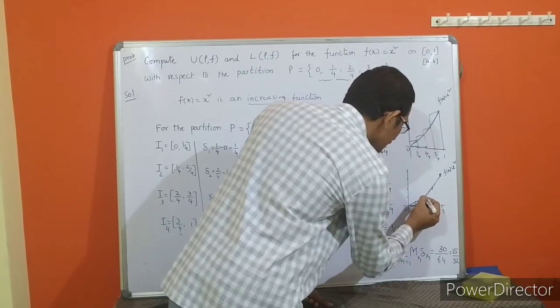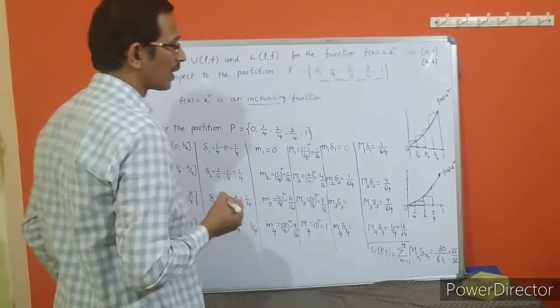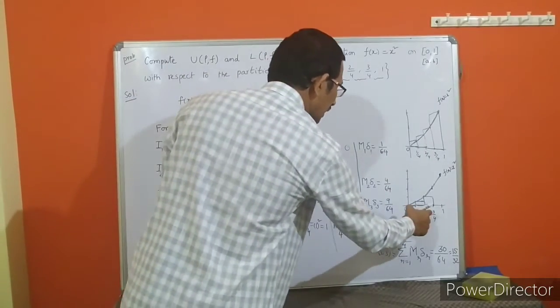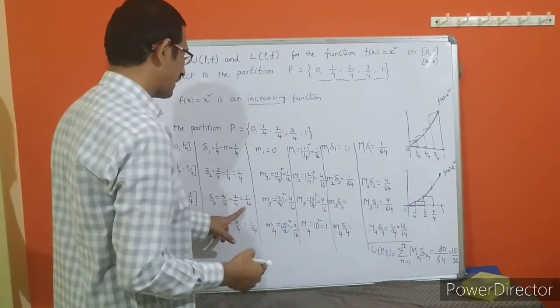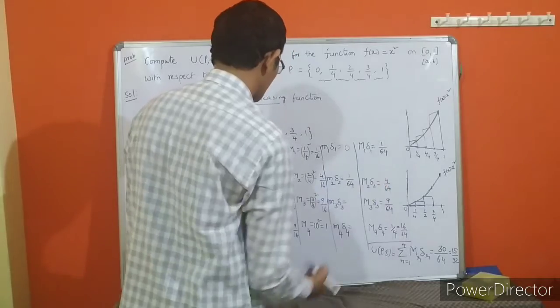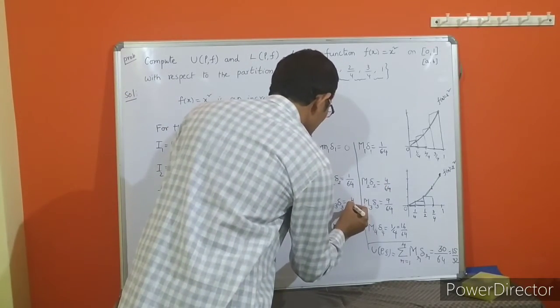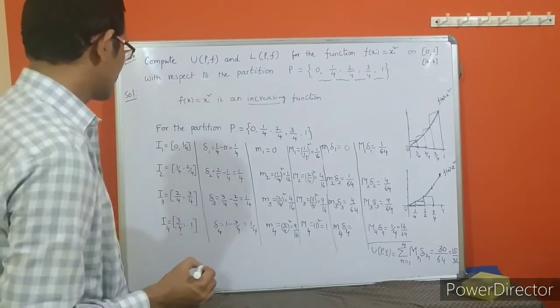You form a rectangle. The area of this rectangle is the length of the interval, that is 1 by 4, into the height, that is 4 by 16. So what you get is 4 by 64. Isn't it? 4 by 64.